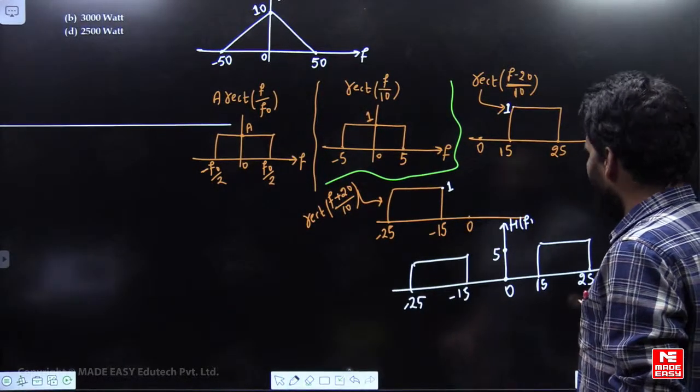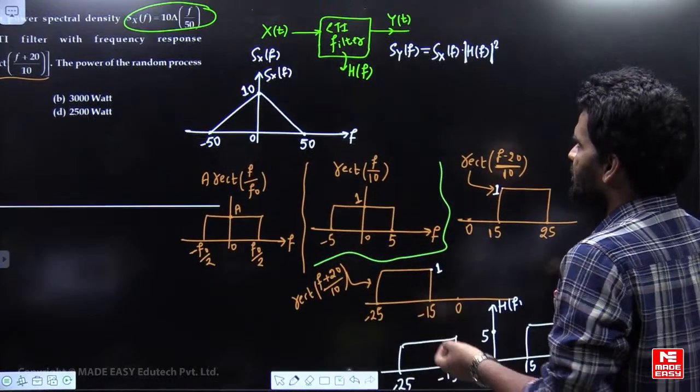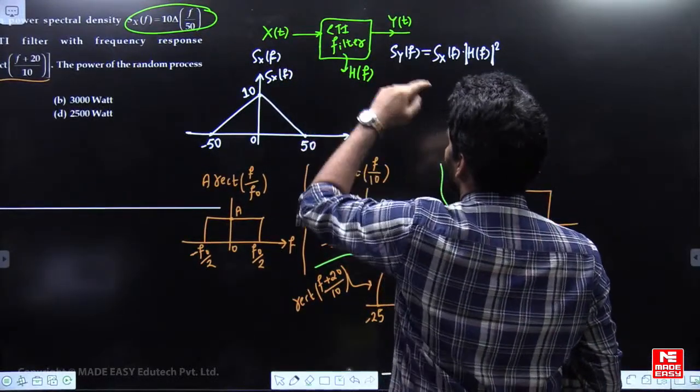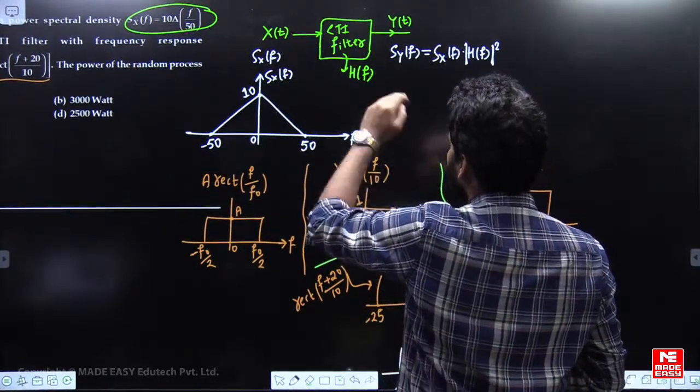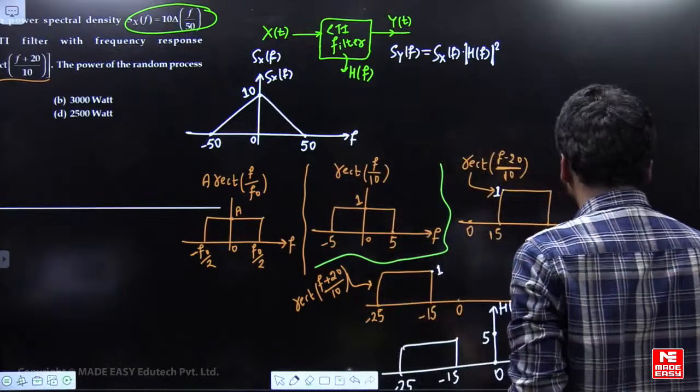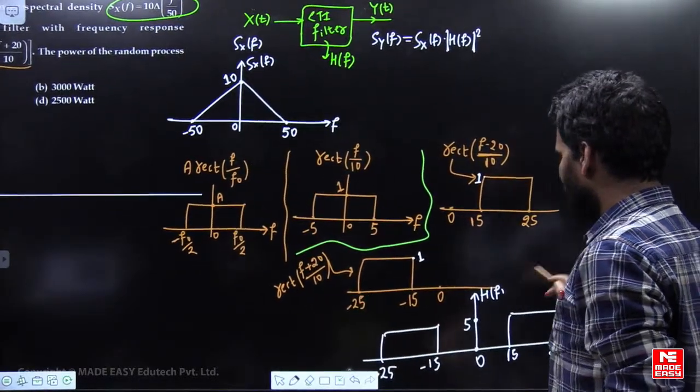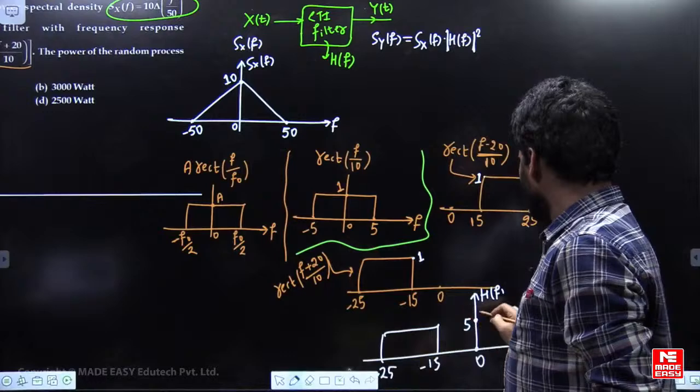Now what I am understanding is, this LTI filter here is a band pass filter only. Then we need to find the power of the output process.